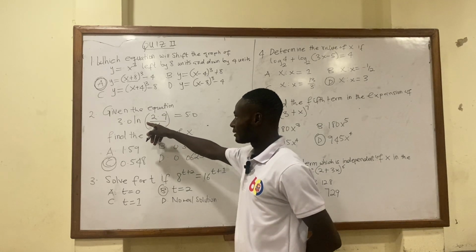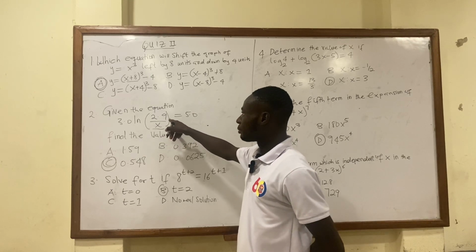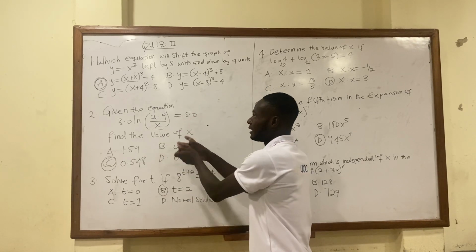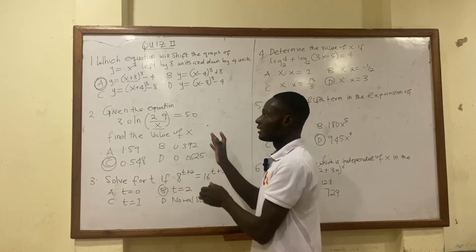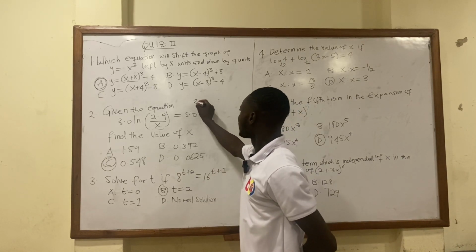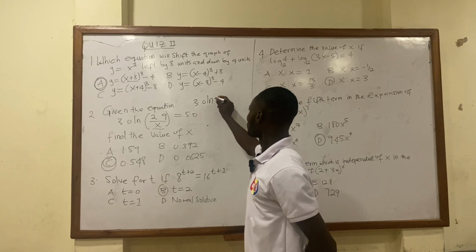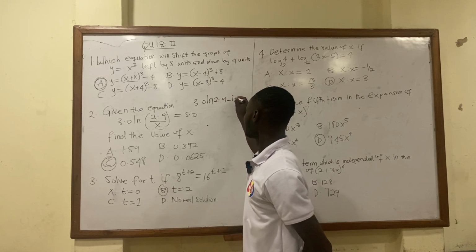And if you want to go ahead and solve it too, this is a logarithm. This is the same as 3.0 ln 2.9 minus ln x equals 5.0.